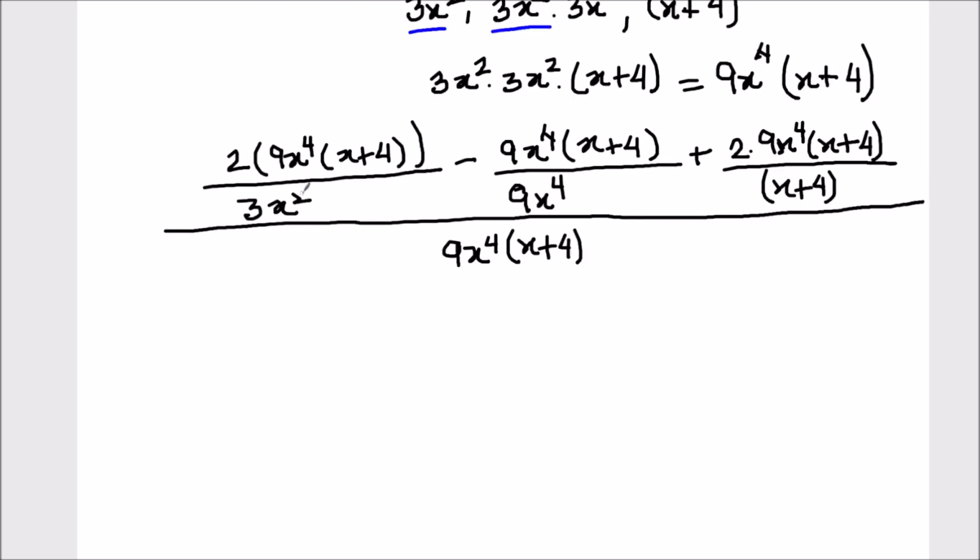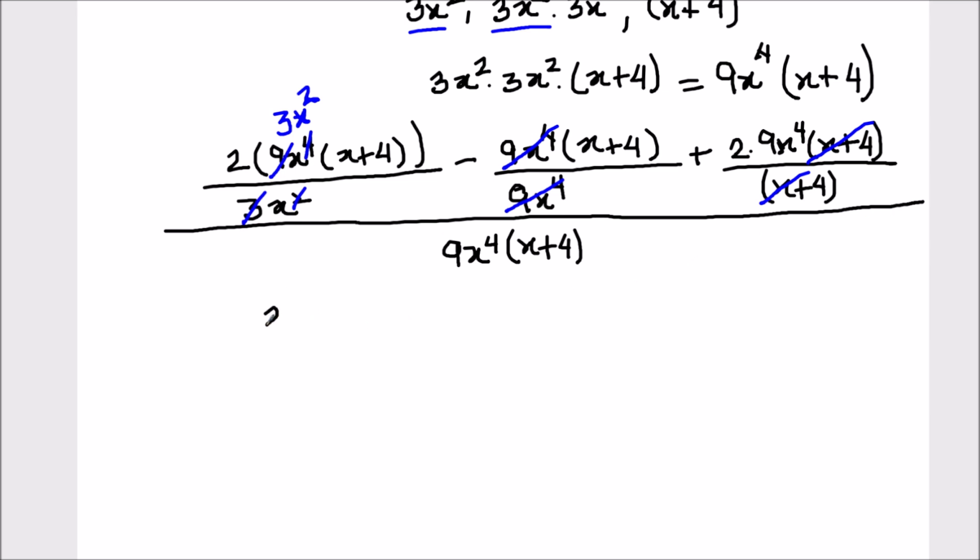So here in the first term, this x to the power 4 divided by x square will be x square, and 3 times 3 is 9. So this is reduced to 3x square. In the second term, these 9x to the power 4 and 9x to the power 4 gets cancelled. And in the third term, this x plus 4 gets cancelled in the numerator.